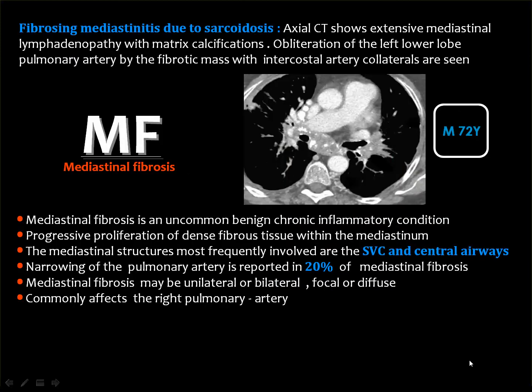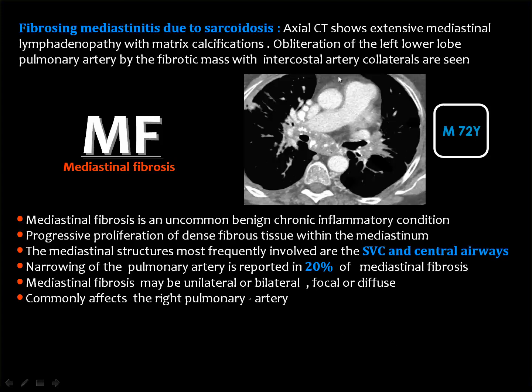Mediastinal fibrosis is one of the benign lesions, an uncommon chronic inflammatory condition producing fibrous tissue in the mediastinum that may affect the mediastinal vessels and present as either a focal or diffuse type.